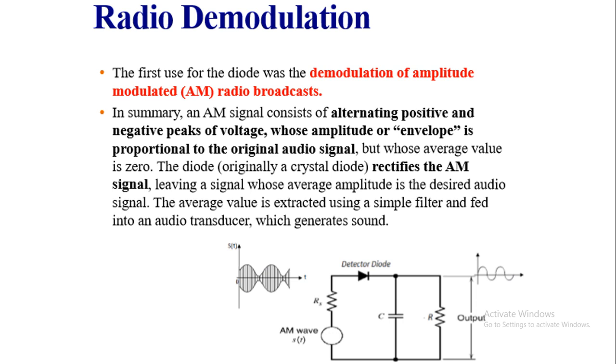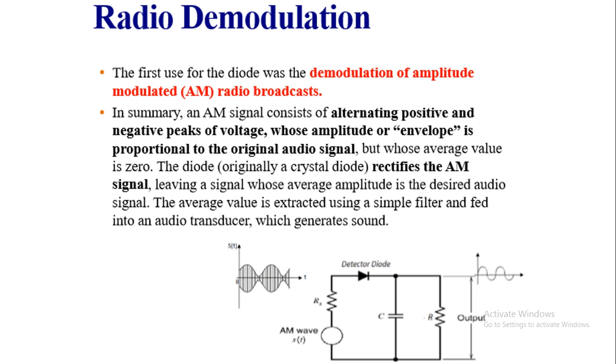In summary, an AM signal consists of alternating positive and negative peaks of voltage whose amplitude or envelope is proportional to the original audio signal, but whose average value is zero, as declared in the input, which is S of t. We show here the diagram showing that the average amplitude of this alternating input is zero.